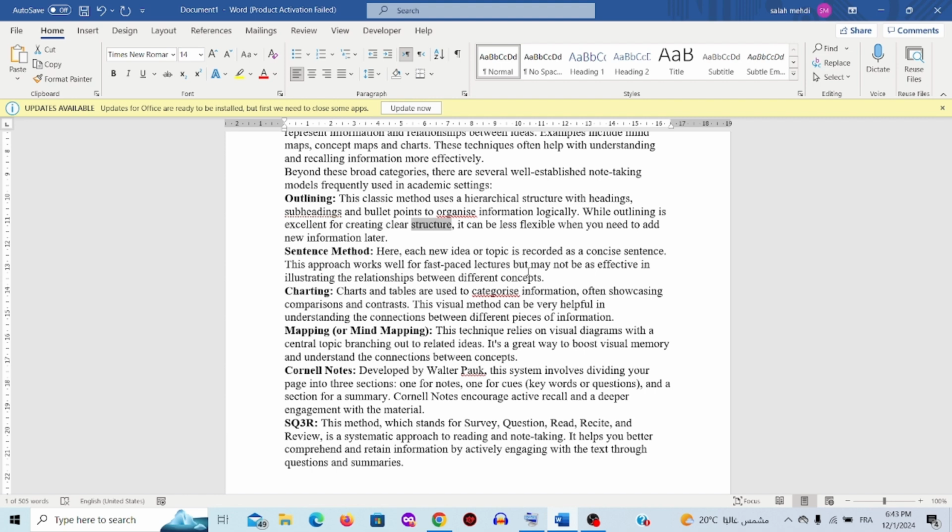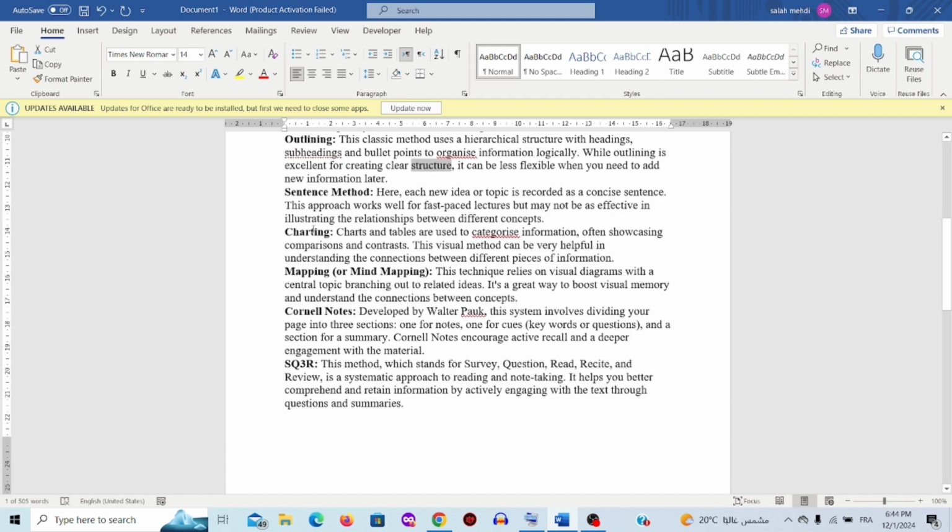For example, if you are using mind mapping, you illustrate the relationship between the different concepts. You are creating a map and illustrating, توضح العلاقة بين المفاهيم. But if you are using the sentence method, it's for fast review.